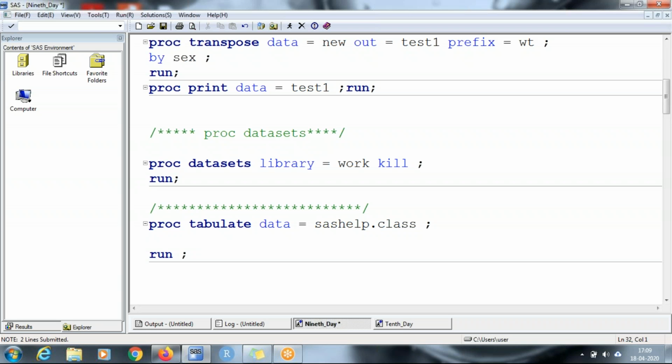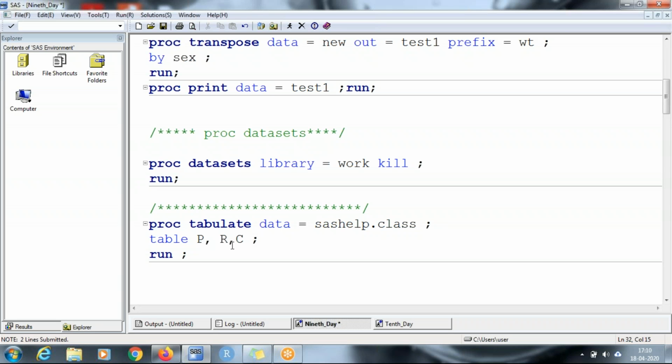So now it is asking for a table statement. Table, as you know, consists of two things: rows and columns, right? So we need to define the table for tabulate. Once you write table, you need to remember a word: P, comma, R, comma, C. These are the dimensions of a table.